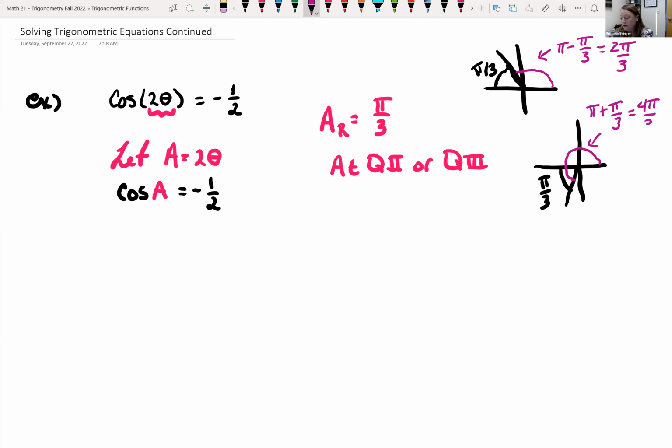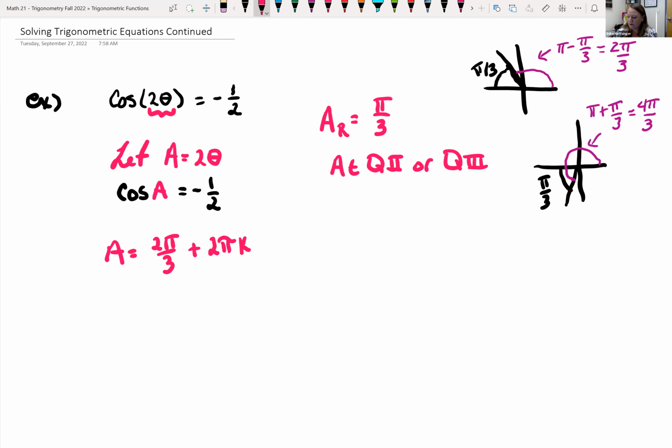So we have 2 values of A that would give us cosine of that value, giving us back negative 1/2. We have A is equal to 2 pi thirds. The thing is, again, our argument wasn't just theta, so we need to also put in here, because we might want all solutions or we might want to limit it, plus 2 pi k.